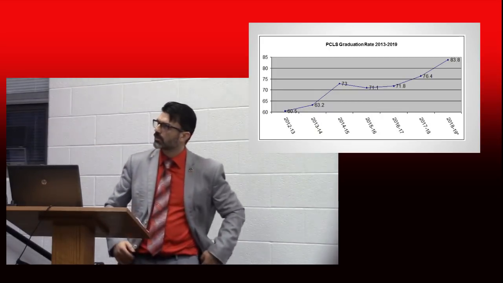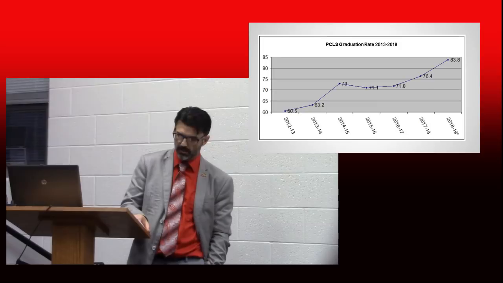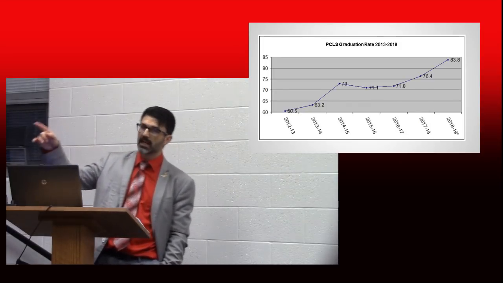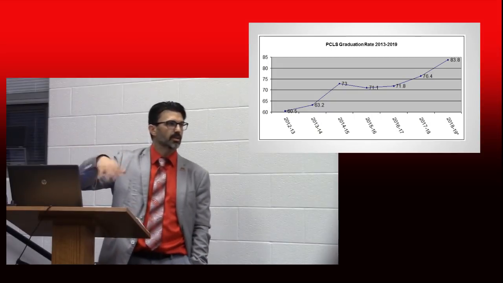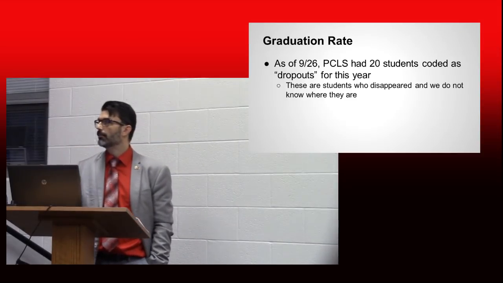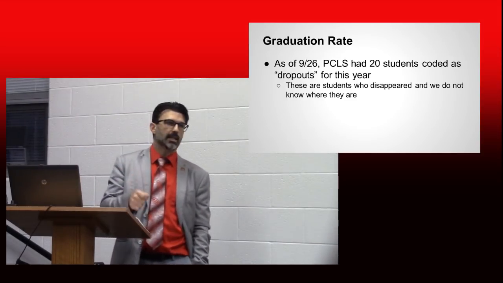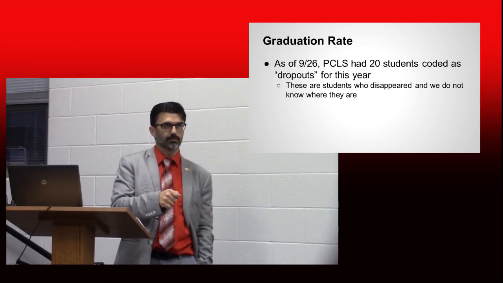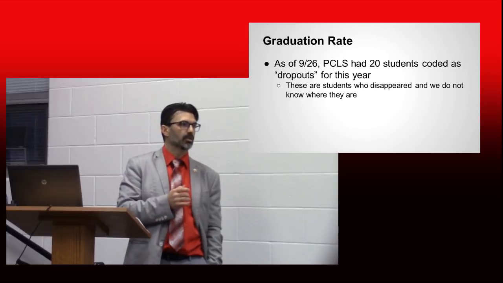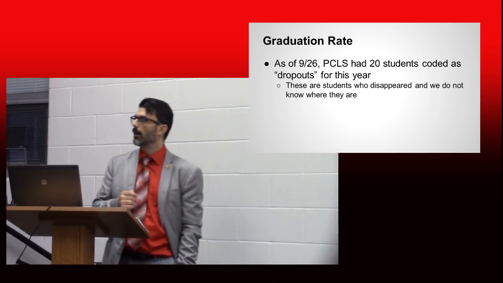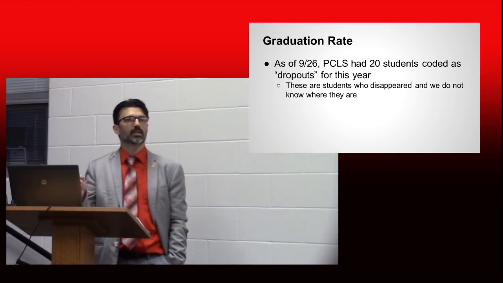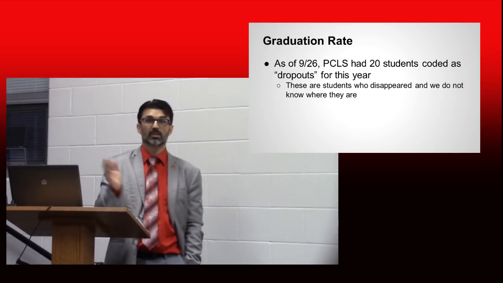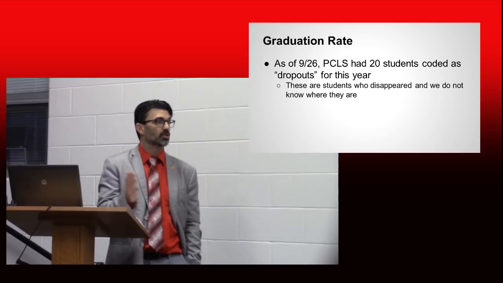So something that I alluded to that again is important to understand. As of the end of September, which is when I started putting this together, we already had 20 kids coded as dropouts for this year already. Okay, about a month and a half into the school year. And understand that these are kids who just disappeared. They stopped coming to school and they just disappeared.